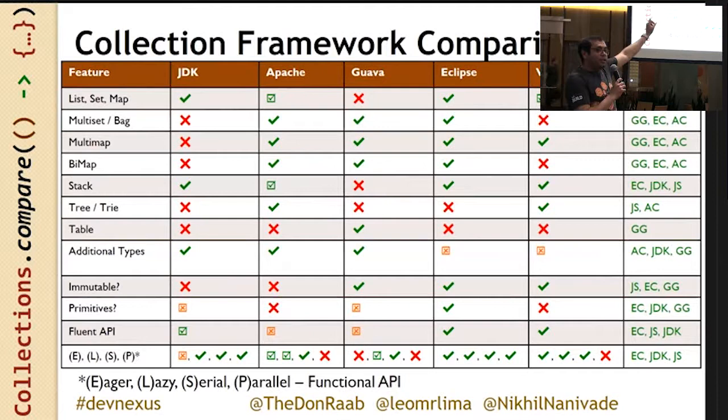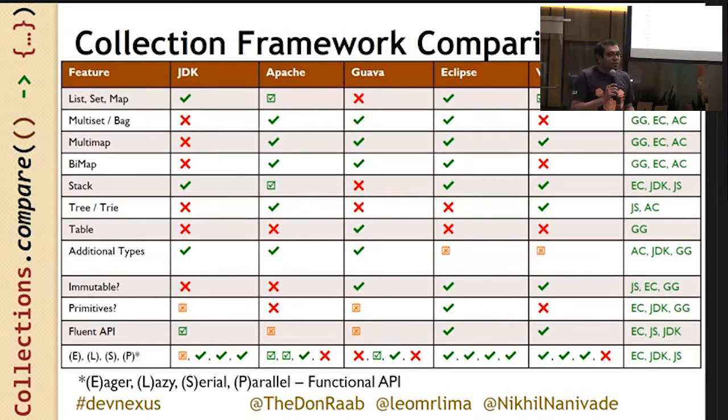The solid greens are: it's there, it's supported, it's implemented. The solid reds are: it's not there at all. The box greens are: it is almost there, but not completely there. There's still some more work. The box reds are: it's not there as yet.